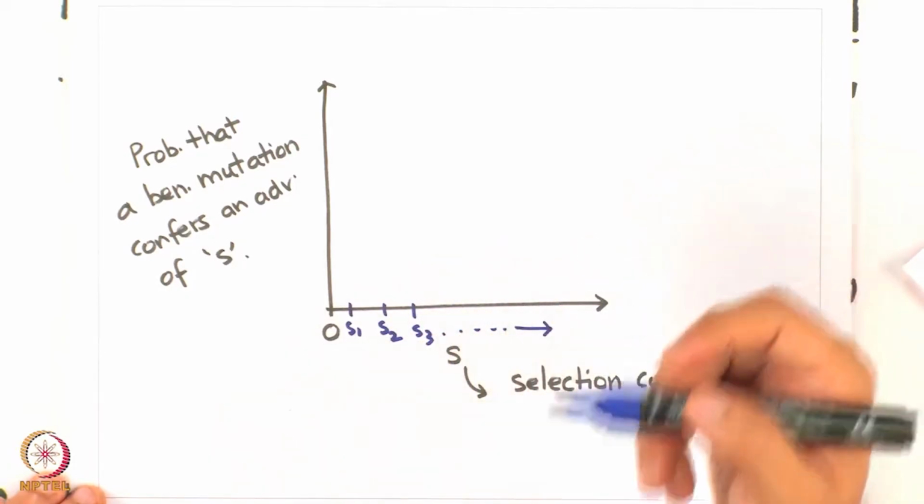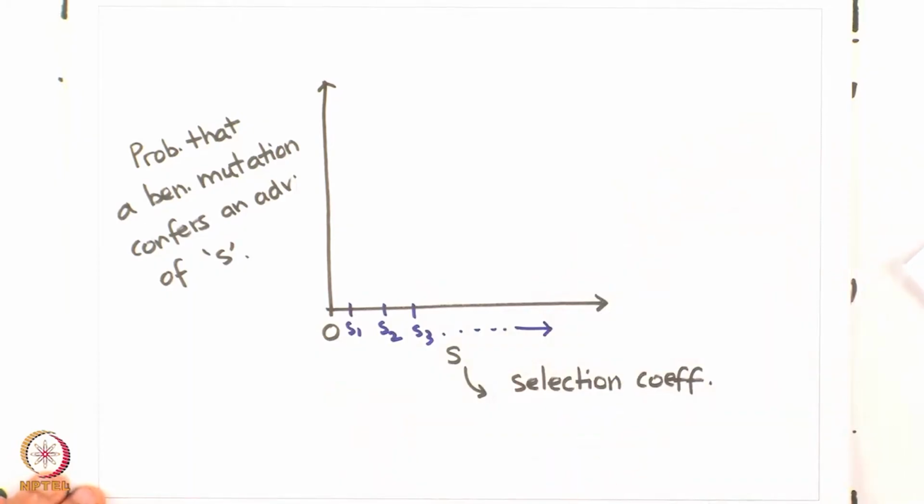Do we anticipate that every time a beneficial mutation happens, its magnitude is more likely to be S1 or S2 or S3, or is its magnitude likely to be equally distributed, or are beneficial mutations which confer a large advantage in fitness more likely than those which confer a small advantage, and so on?